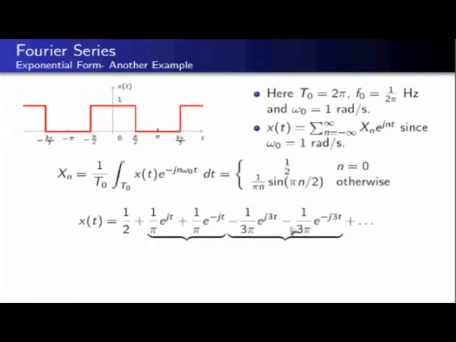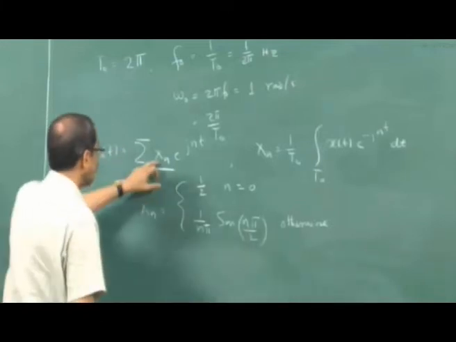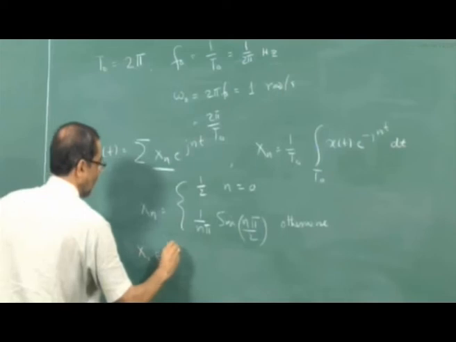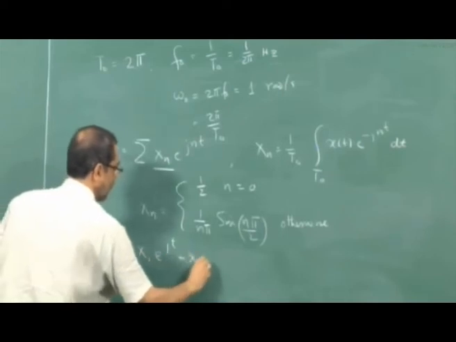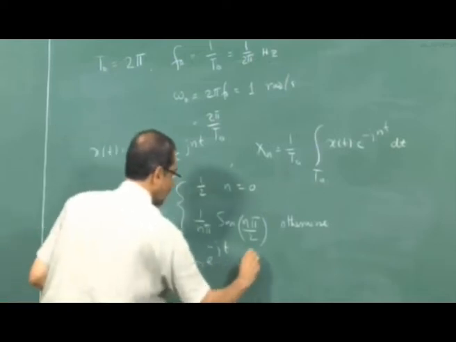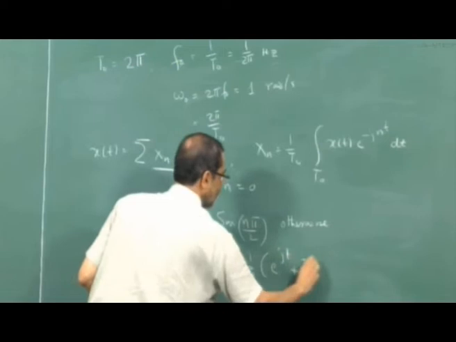Similarly you substitute n equal to 3 and so on, because x2 is 0, x minus 2 is 0. So if you collect these terms, let me just write in this case expanded, x1 e raised to jt plus x minus 1 e raised to minus jt, this is 1 by pi, so 1 by pi times e raised to jt plus e raised to minus jt.